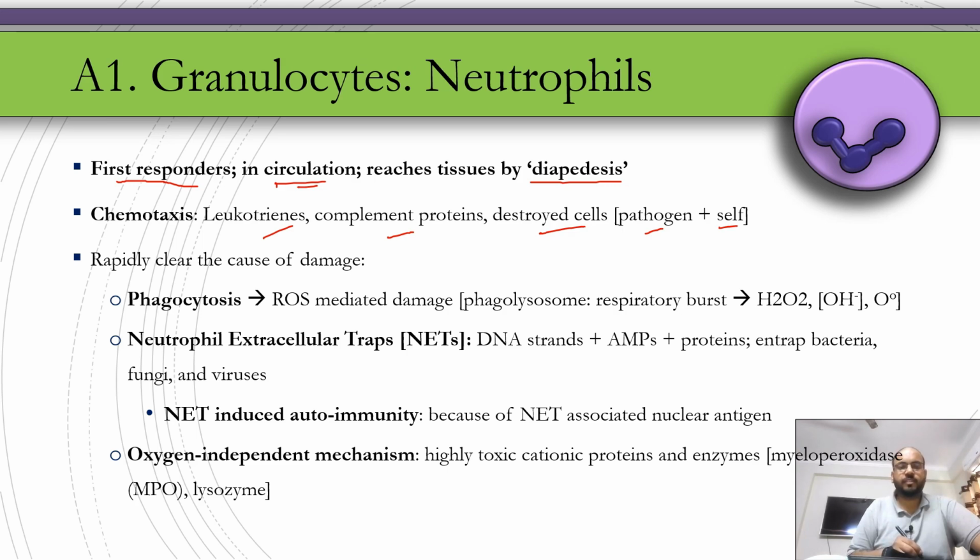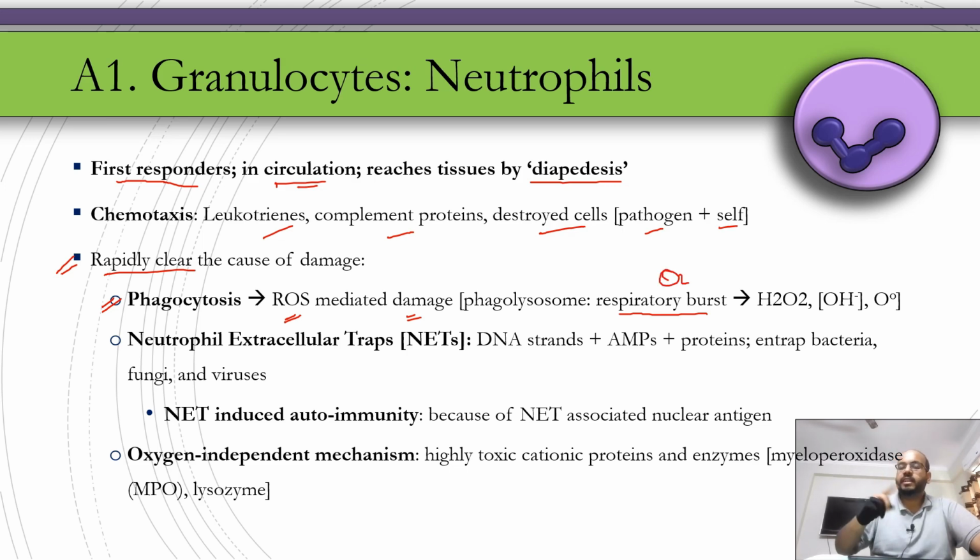Now, the function of neutrophils is to rapidly clear the cause of damage. And how do neutrophils clear that damage? Number one is phagocytosis. That means eating and engulfing. If they engulf the pathogen, then using reactive oxygen species, they damage the pathogen. Okay, this damage is known as respiratory burst because it utilizes oxygen.